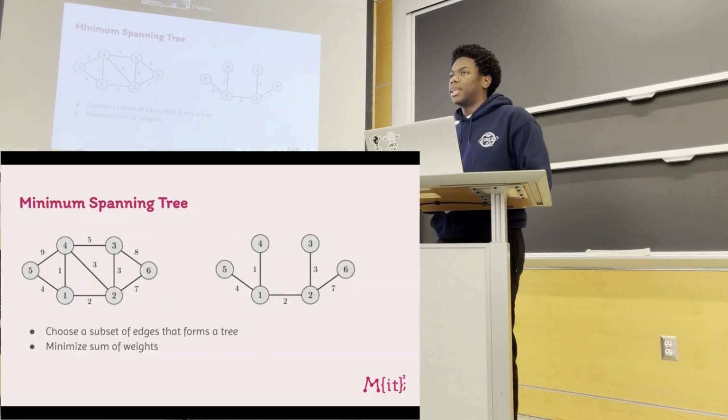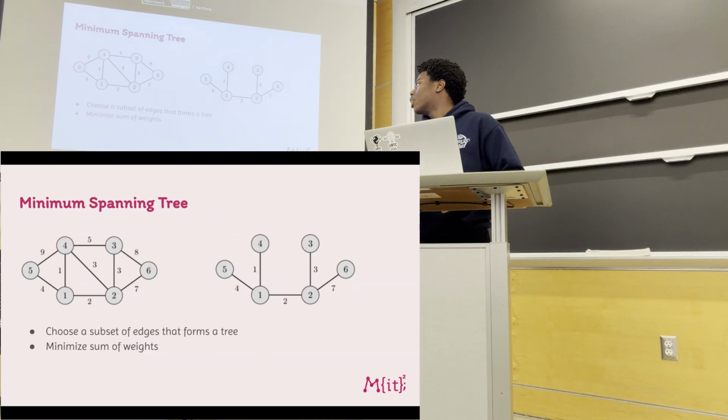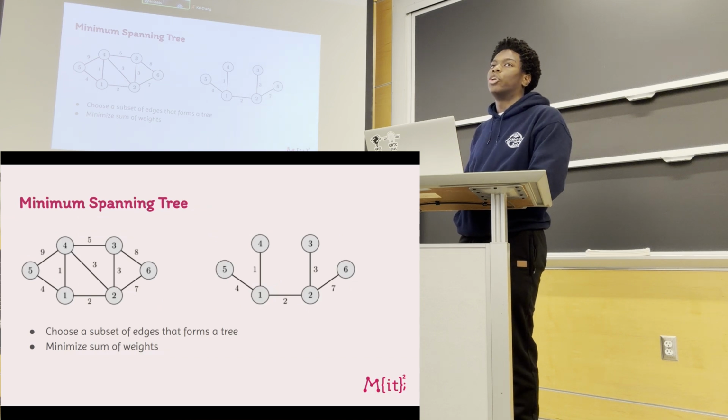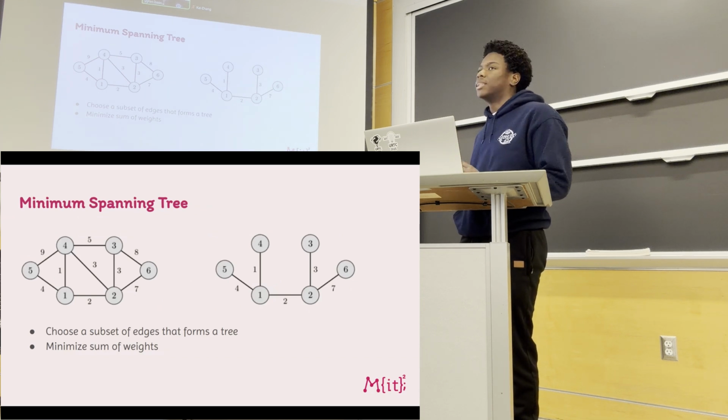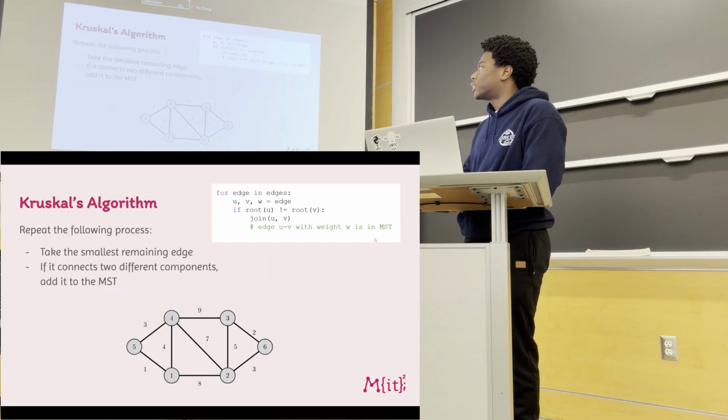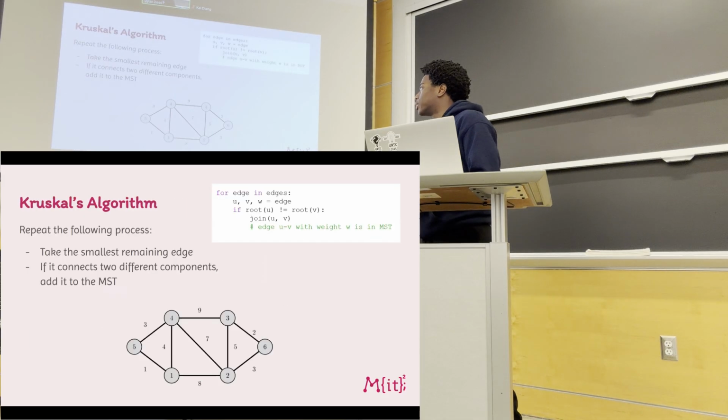It's an application of disjoint set union where we want to choose a subset of edges from a graph such that we minimize the total weight of the tree while still connecting all the vertices. To do this, we run an algorithm called Kruskal.